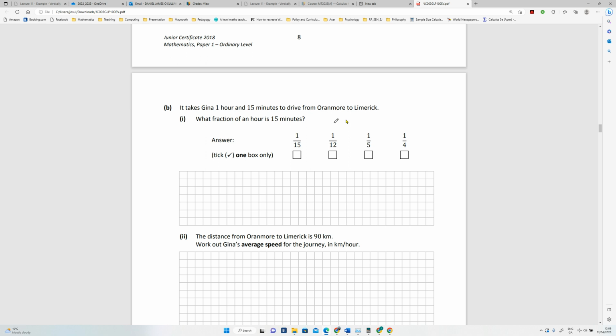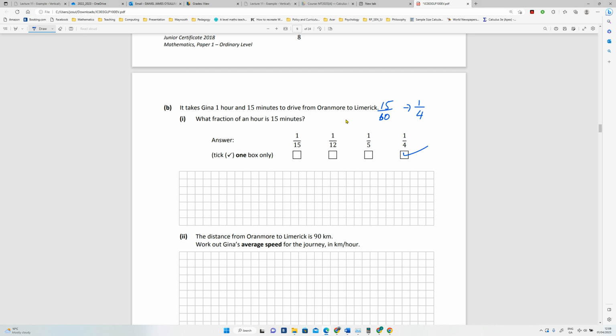It's purely what fraction of an hour is 15 minutes. In an hour there are 60 minutes. If you put 15 over 60 and simplify it, if I divide 15 into 15, I will get 1, and if I divide 15 into 60, I will get 4. So my answer is this one here. That's all I need to do.